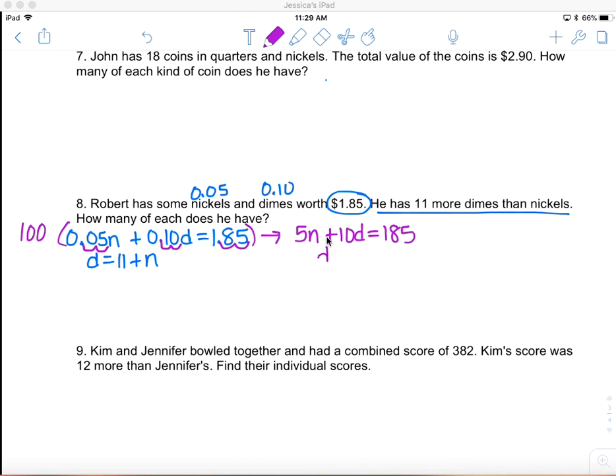That way, you don't have to deal with the decimals anymore. Just make sure if you do that shortcut, you multiply all 3 terms by 100. All 3 of them will be moved over 2 places.